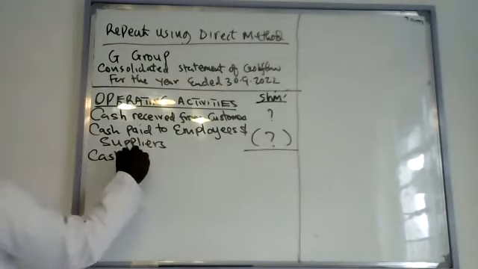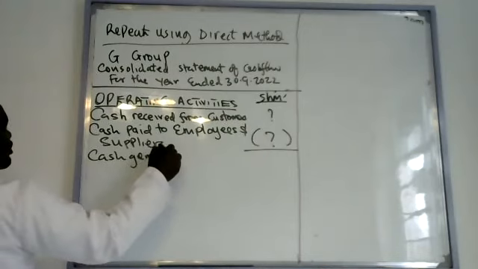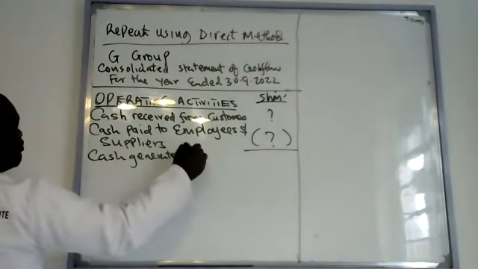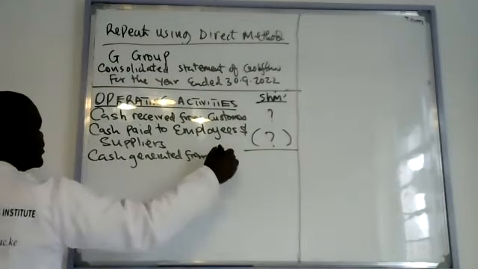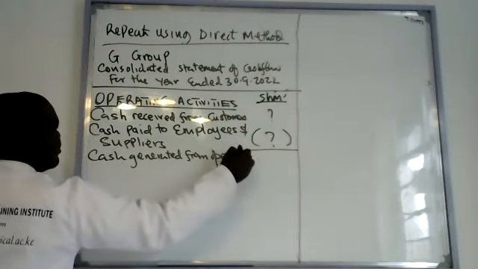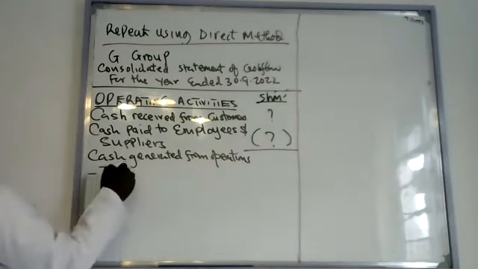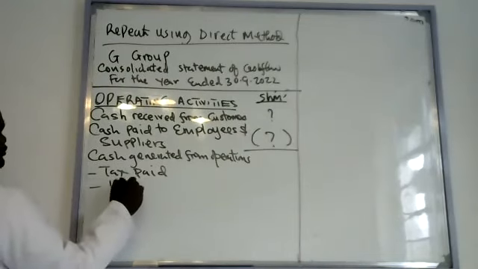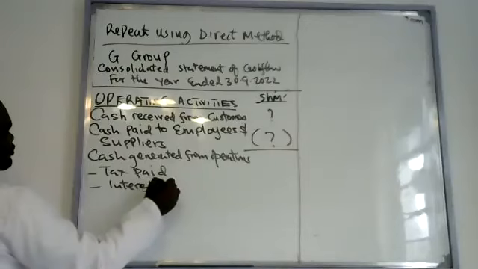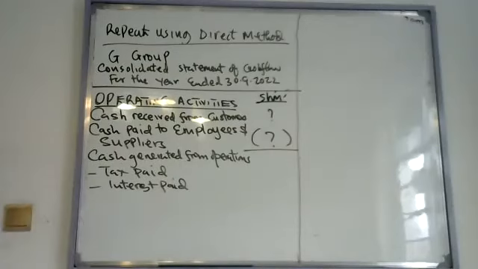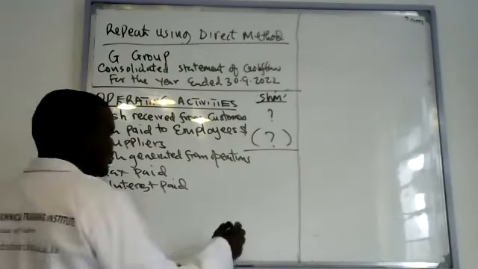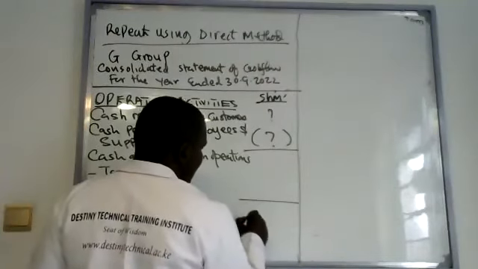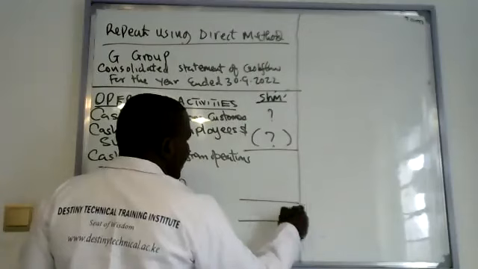Then you get cash generated from operations. Then you say tax paid, interest paid. So that you will get A.